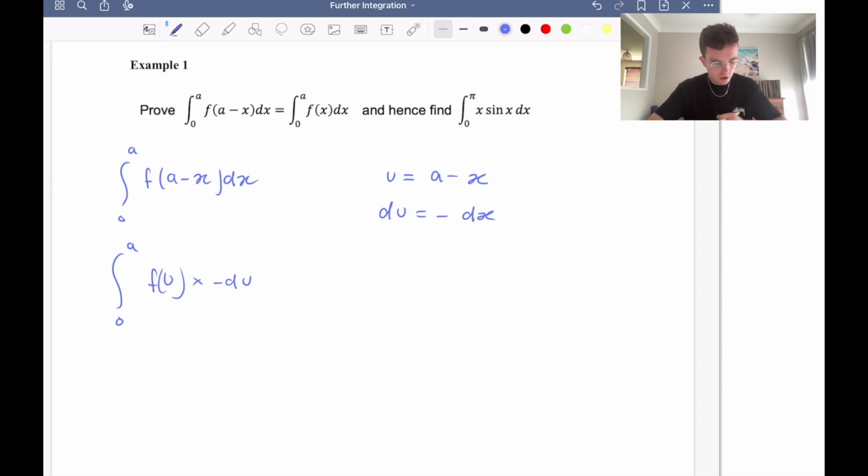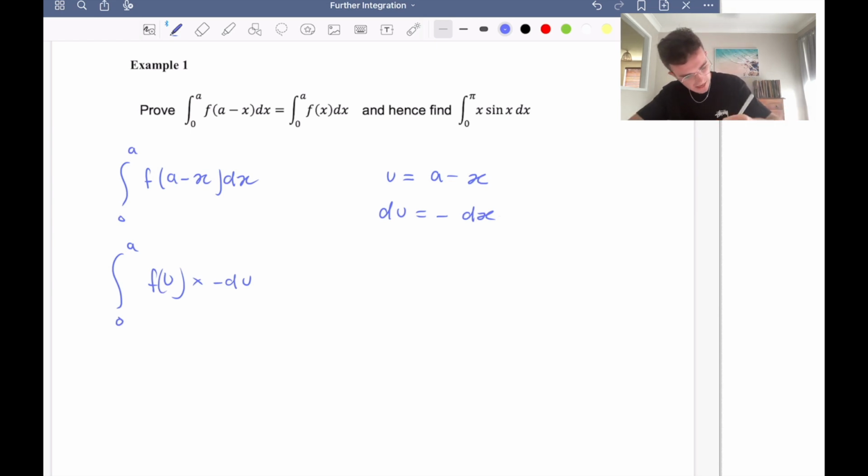But the integral of a negative thing, it's just really going to be the same. So we've got the integral from 0 to a. I haven't actually changed the variables, so if we want to have a go at changing the variables here, it is going to be quite the same, but let's prove that.